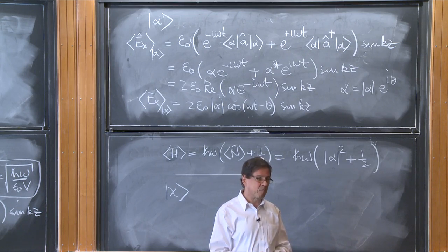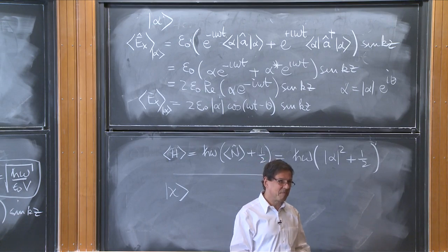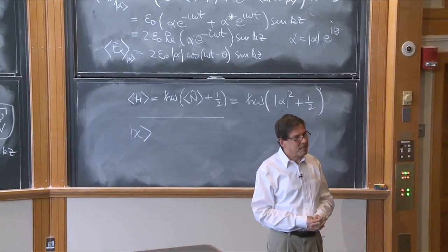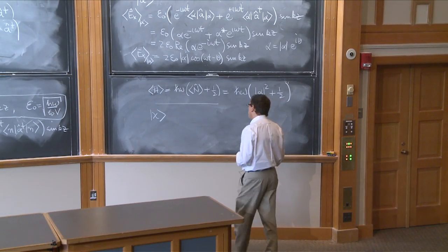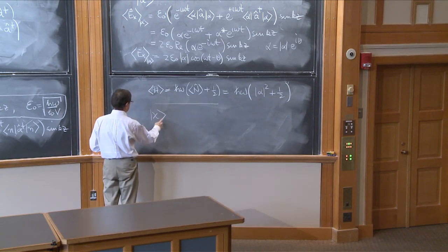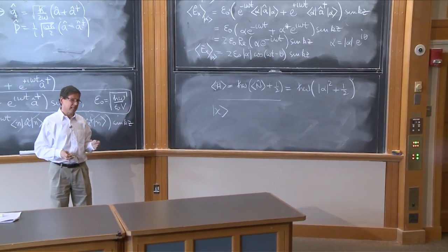Don't you have an uncountable number of normalized orthogonal states, like one for every mode? Well, no, they're not really normalized, because just like the position states are not normalized, they're delta function normalized and things like that.